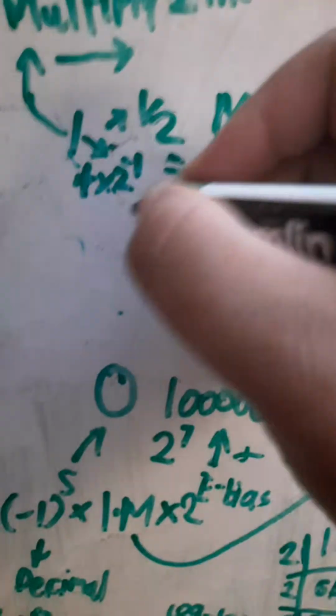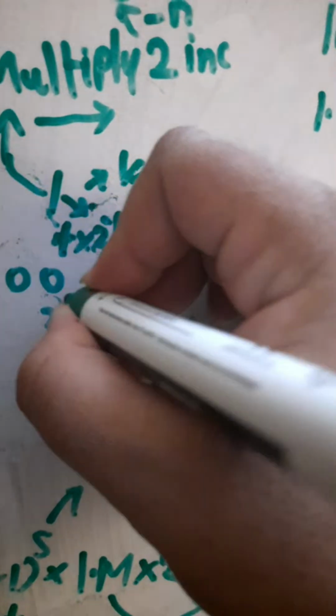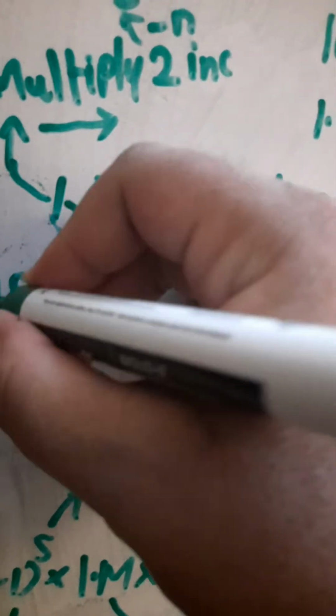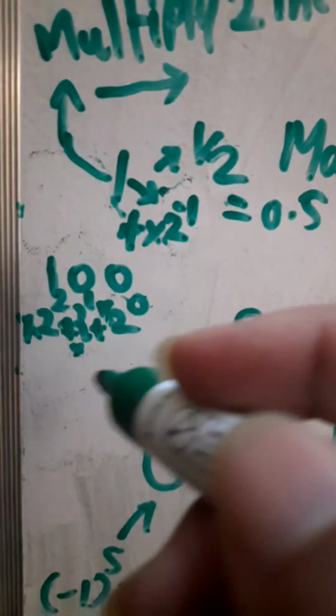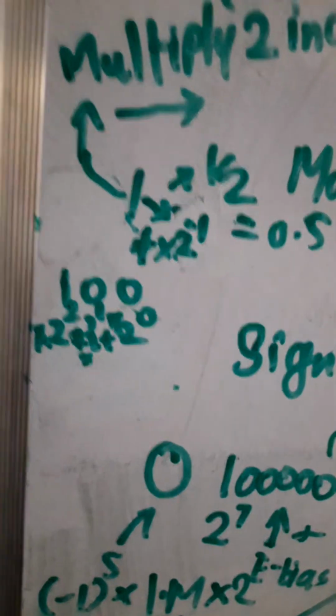Now we have 100. You have to multiply it by 2 raised to 0, then 2 raised to 1, and keep increasing it, 2 raised to 2. We multiply, then add them. So 2 raised to 0 into 0 is 0. 2 raised to 1 into 0 is 0.